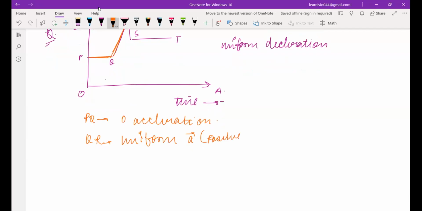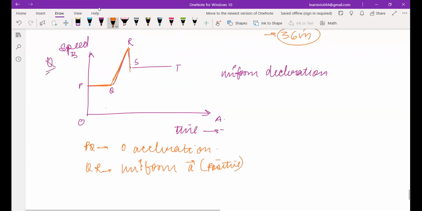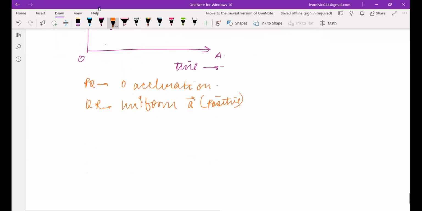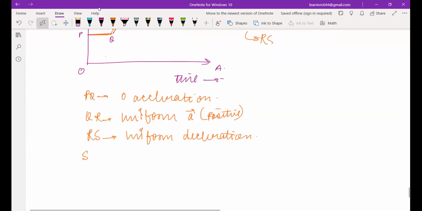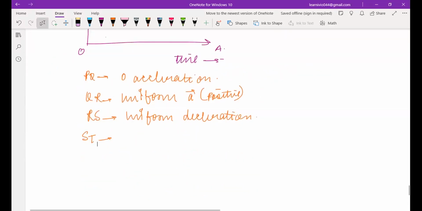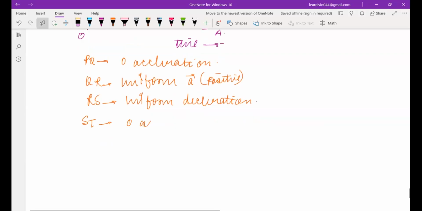Okay. Then what does RS have? Uniform deceleration. So now you know your answer is RS. And what is ST? ST is also zero acceleration. Right? So that's your answer.